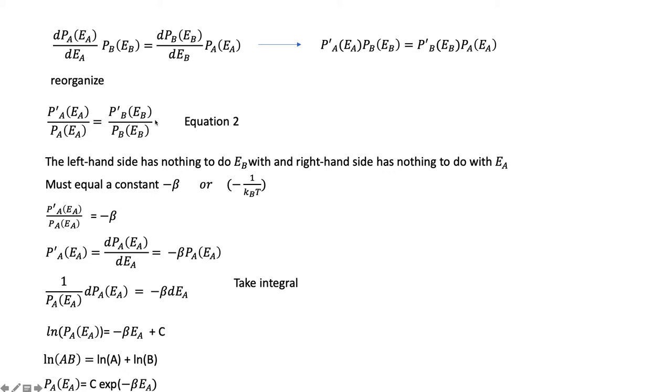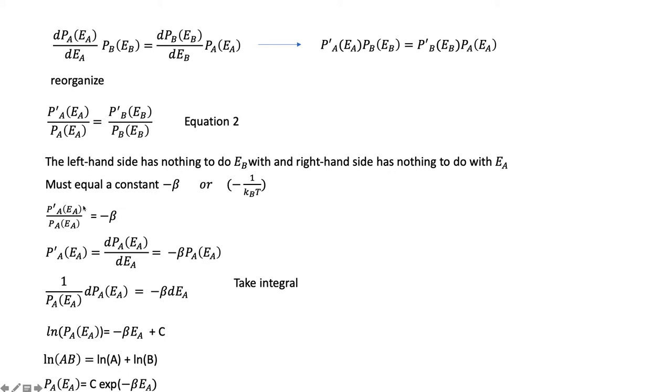So that means this must be equal to a constant, which we're going to denote negative beta, and later on we'll find it's going to be negative 1 over kBT. Let's take the first half, so this equals negative beta, and we move the P_A(EA) to the other side.